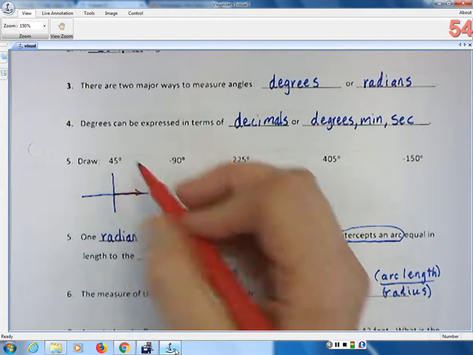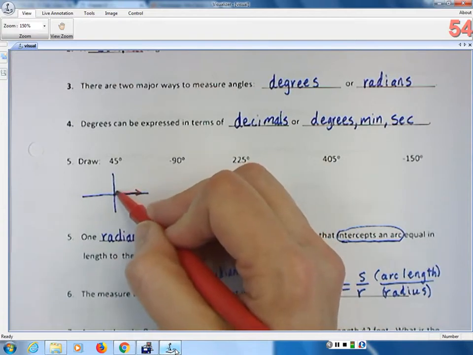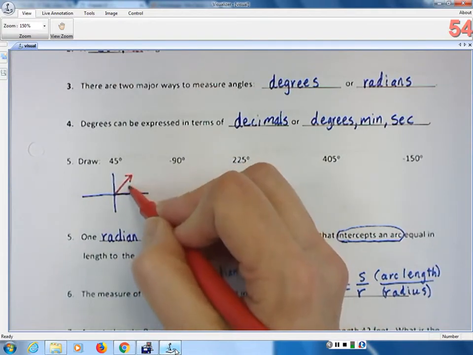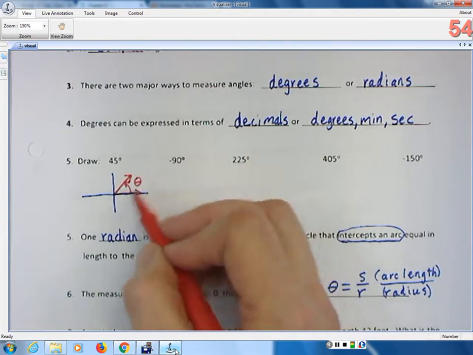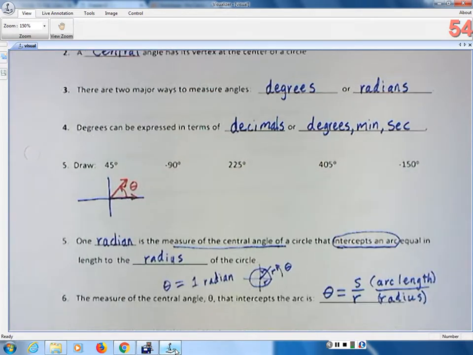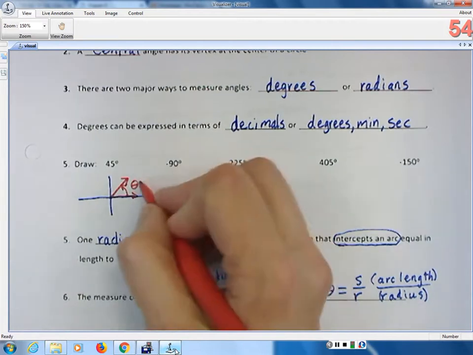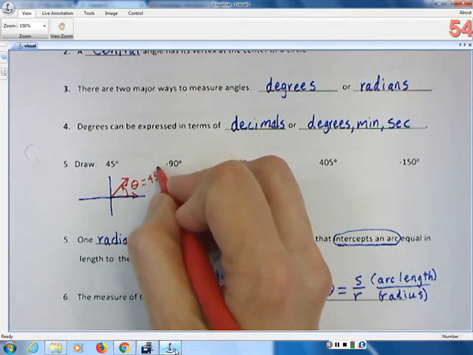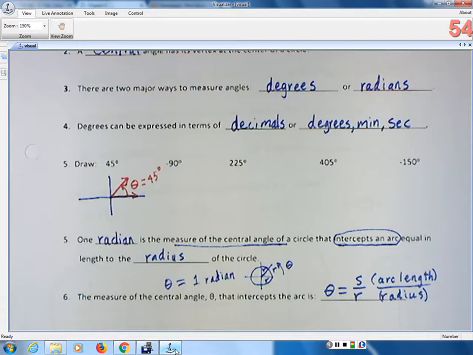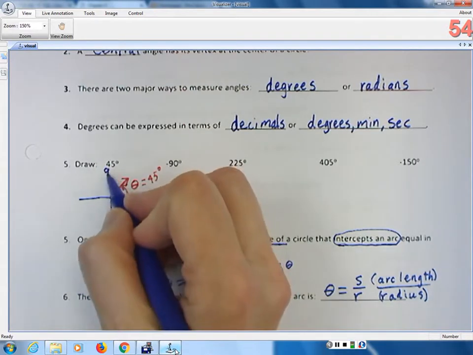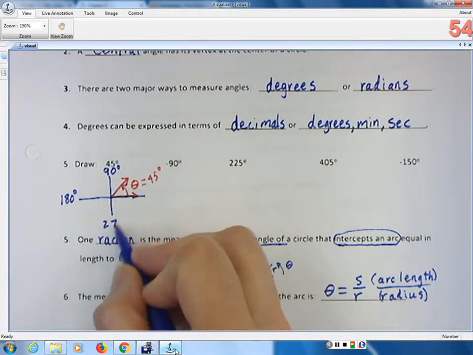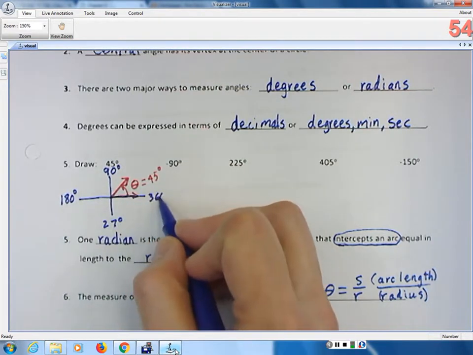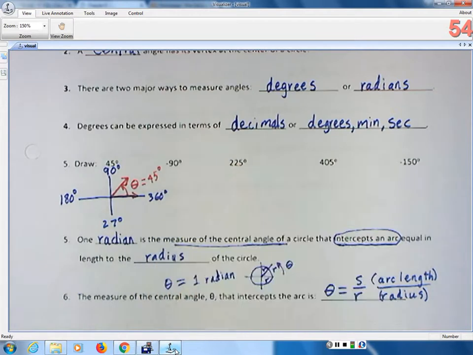And 45 is right in the middle here. So here's, we'll call it theta, is 45 degrees. We got 90 up here. This is 90 degrees. This is 180. This is 270, and this is 360, but it's also 0 degrees.